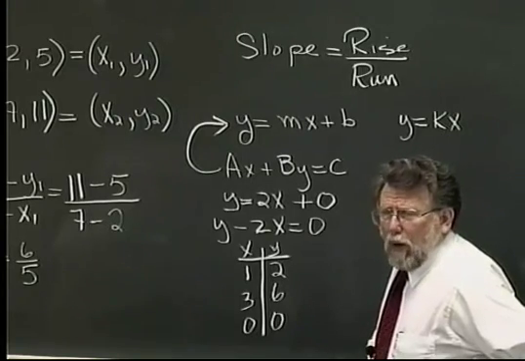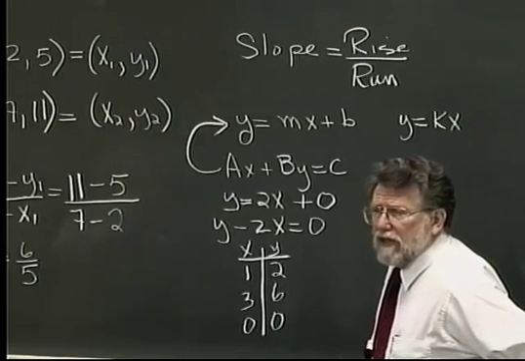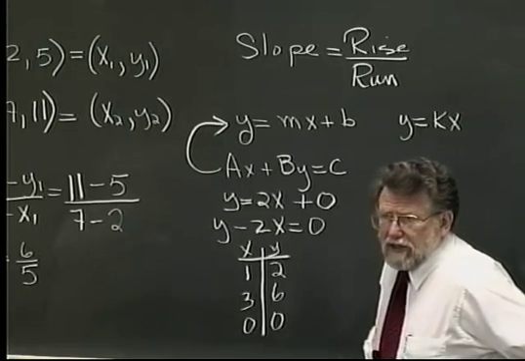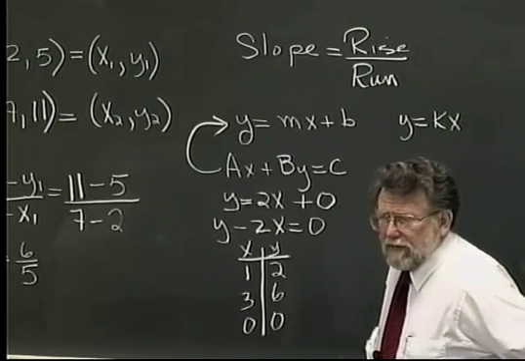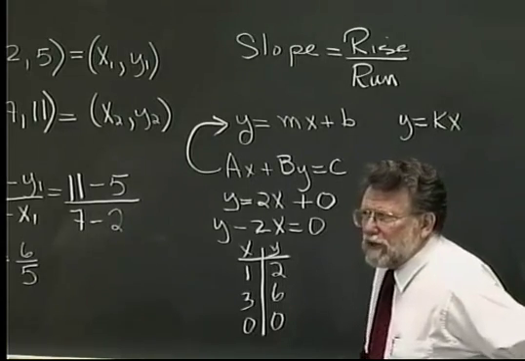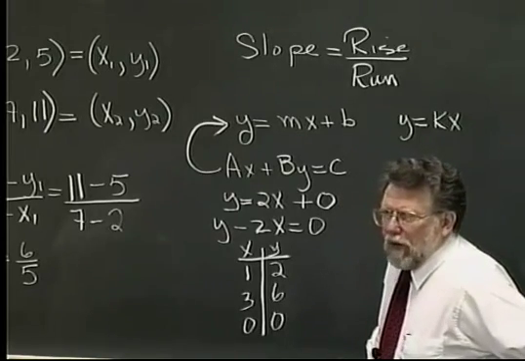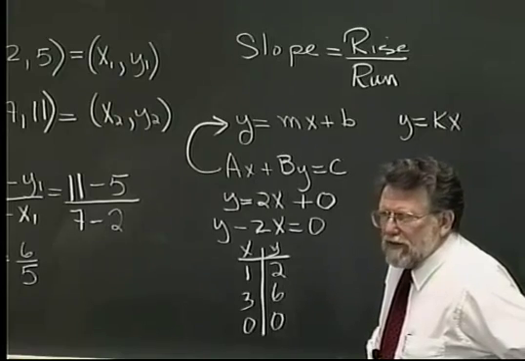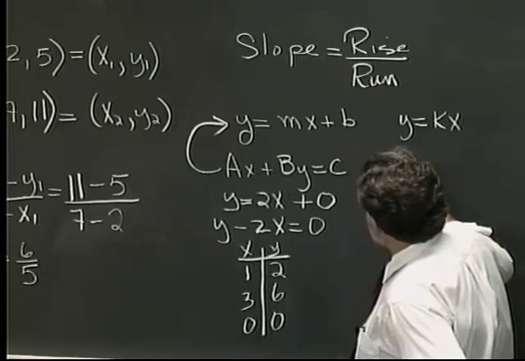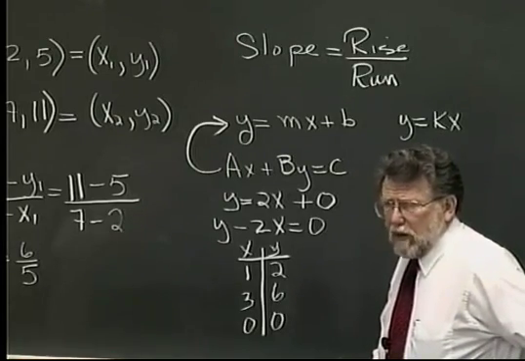We say y varies directly as x, and we say k is the constant of proportion. So in this case, the constant is 2. It doubles everything. So if it takes 2 minutes to do each problem on a quiz, and I give you 12 problems, you know it's going to take 24 minutes. That's direct variation. Well, the idea in this then is that your graph should include the origin.